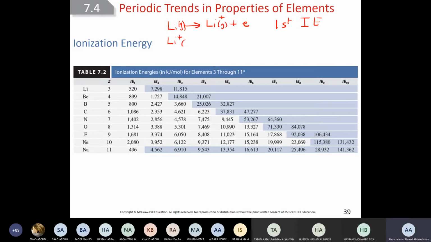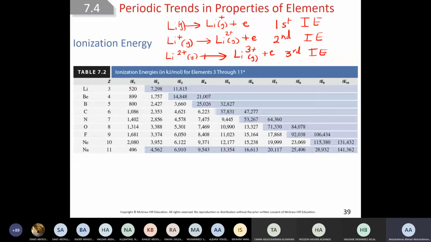If you have lithium gas going to lithium 2 plus gas plus an electron, we call this the second ionization energy. If lithium 2 plus gas goes to lithium 3 plus gas plus an electron, we call this the third ionization energy. Can we have a fourth ionization energy?